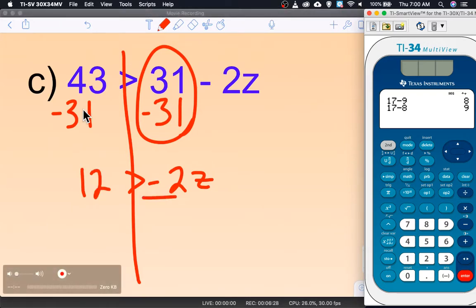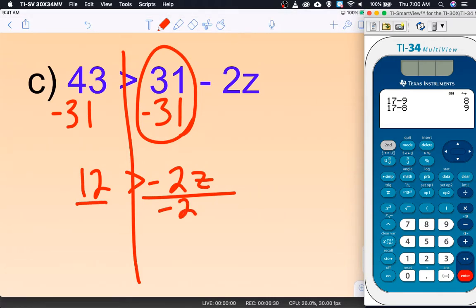And then from here, we're going to divide by -2 on both sides. And of course, you remember that when you divide by a negative, you change the direction of that inequality, right? When you divide by a negative, you change the direction of the inequality in the middle of the problem.